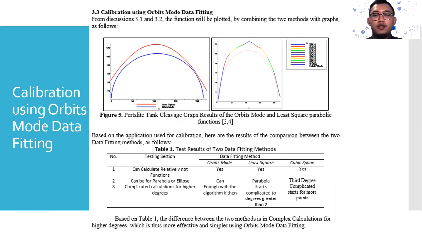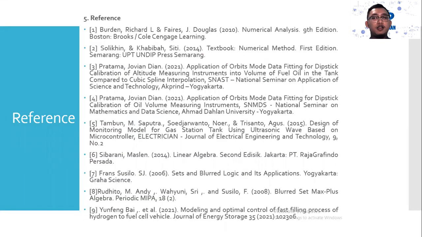It is important to simplify the calculation. This is our reference for making the method. We just use fundamental theory, because the important thing is that we made a new method to approximate the function to calibrate the dipstick. Thank you everyone for the attention.